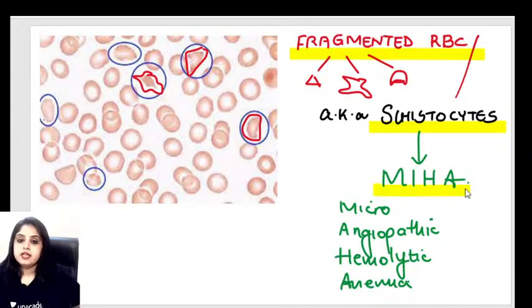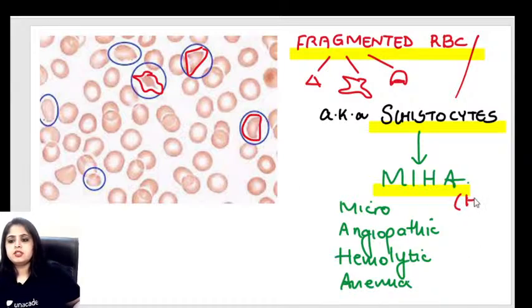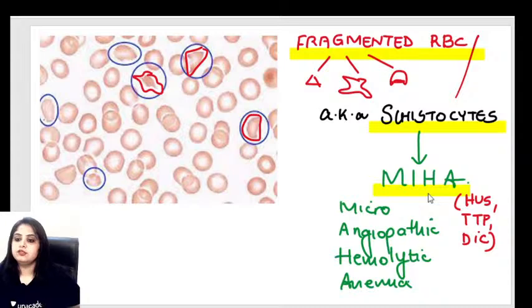They are a part of MAHA, microangiopathic hemolytic anemia, which many of you are calling HUS, TTP. What is that? They are types of MAHA only, na? Hemolytic uremic syndrome, TTP, DIC, all of them come under the microangiopathic hemolytic anemias only. So they are just examples of the same thing. Perfect. So that was schistocytes.